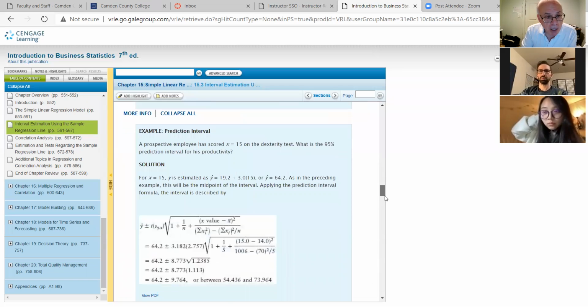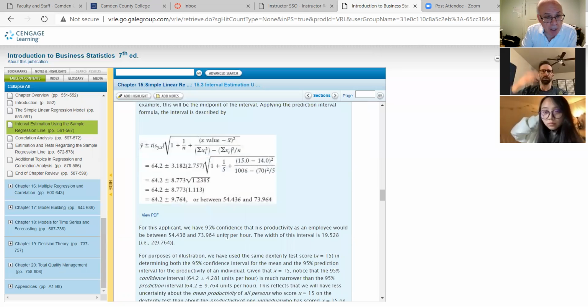This is saying for this applicant, we have 95% confidence that his productivity as an employee would be between these two values per hour. For this applicant, for this one person, okay? Whoever that person is. Who is that person? It's the person in the data set.